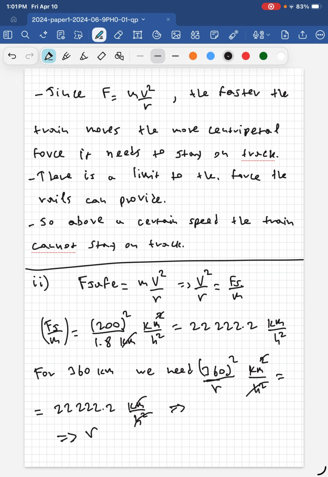So r in this case will be, if you do the calculation, you will find 5.83 kilometers. Okay. I hope this makes sense. And the reason why we did this weird division by the mass is because we are not given the mass. So we had to work around that. All right. So this is about equal to 6 kilometers.